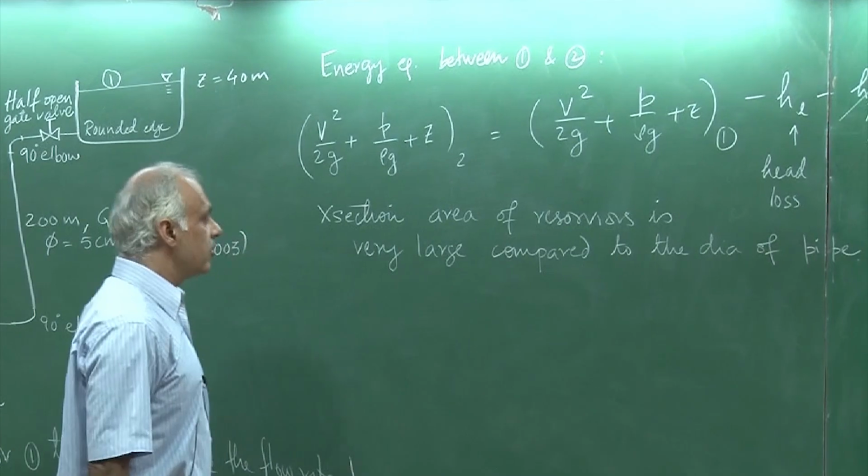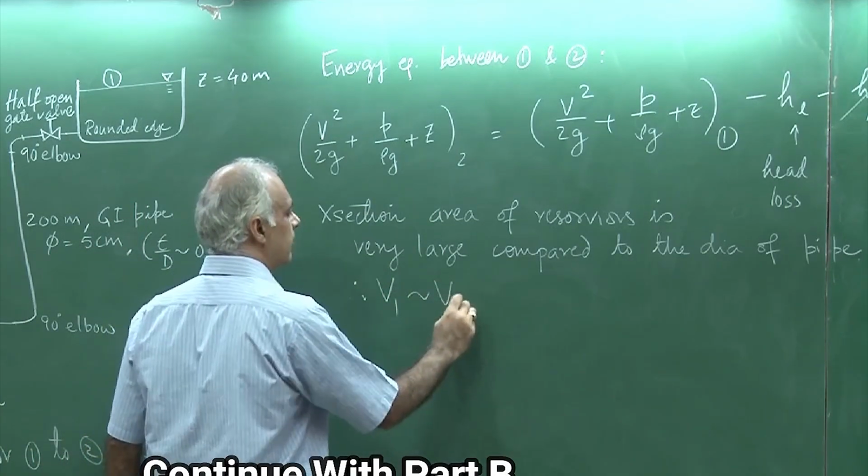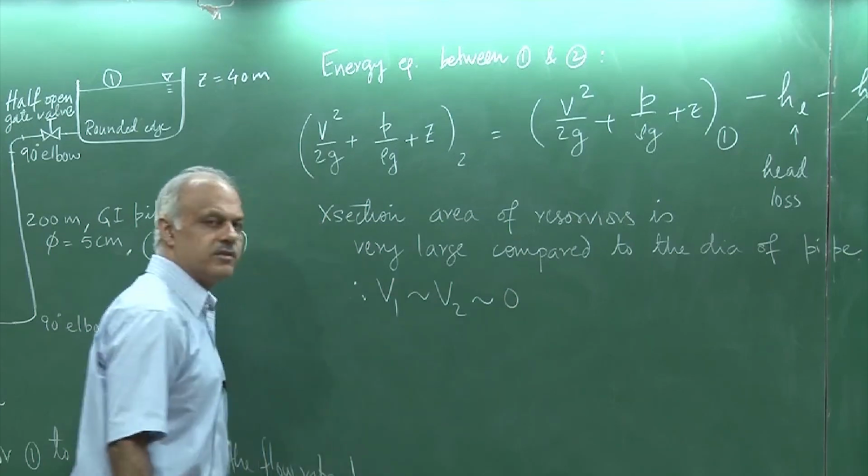Okay. So, the speed V1 is nearly equal to V2, which is nearly 0.